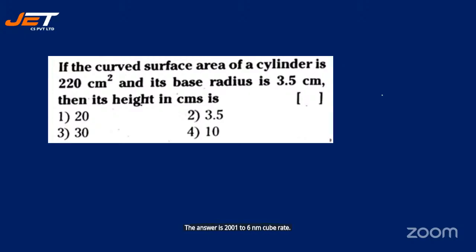Right. The curved surface area of a cylinder is 220 centimeters square and its base radius is 3.5. You have to find out the height. So curved surface area of a cylinder is given, radius is given. Find out the height. So 1 full minute you can take to come back with the answer.